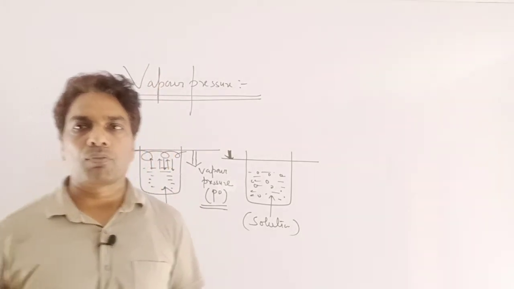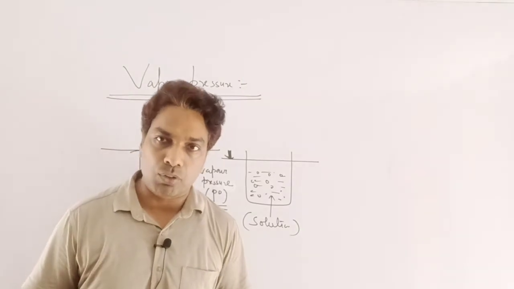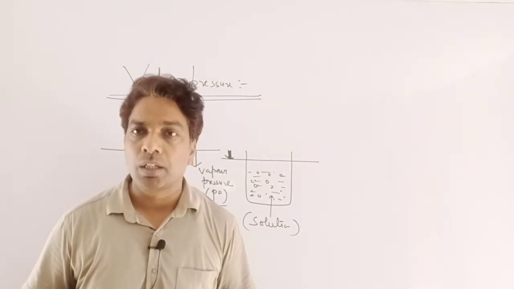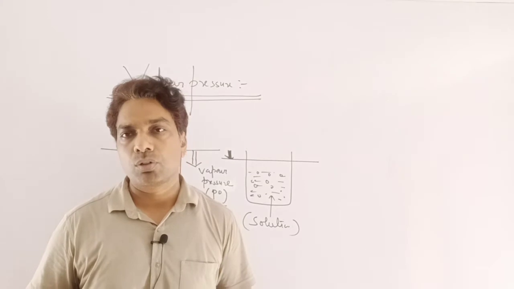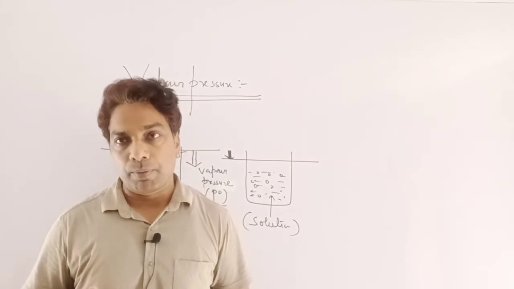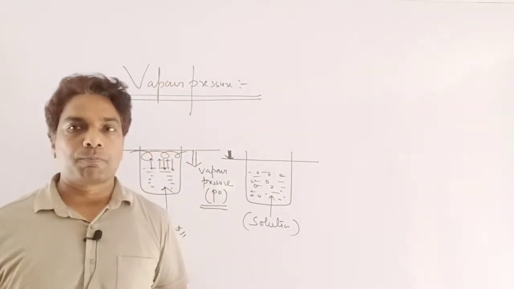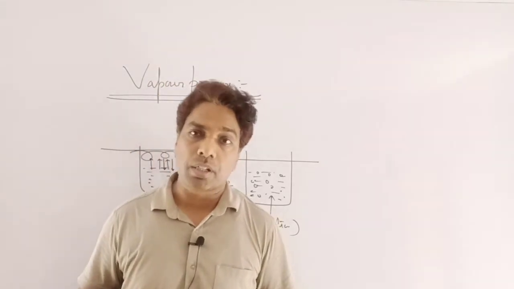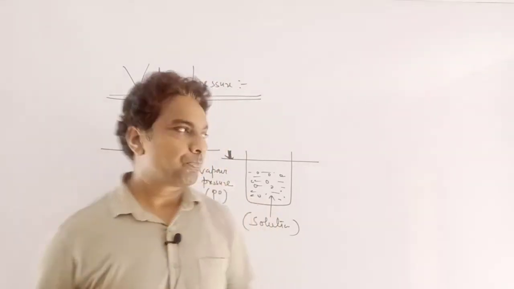According to the definition of colligative property, the property of a solution which directly depends upon the number of particles of solute, and since lowering of vapor pressure directly depends upon the number of particles of solute, it is a colligative property.